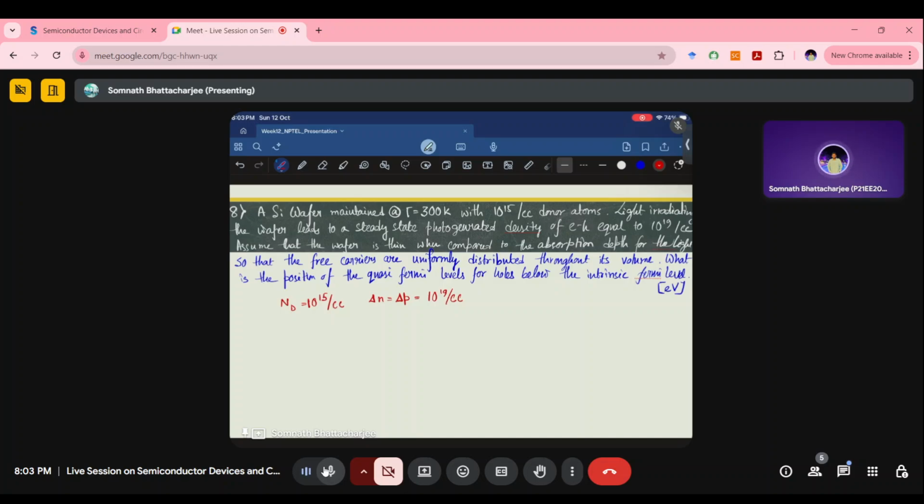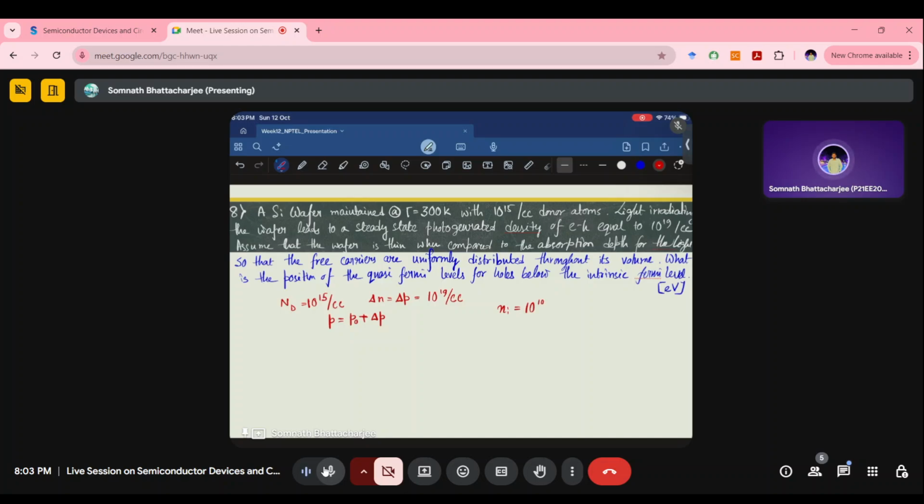And we also have the total hole concentration P, that is P naught plus del P, so the generated one plus the first one. Ni is not given, so you have to choose what to put in Ni.